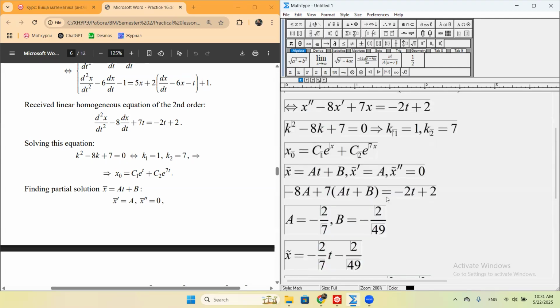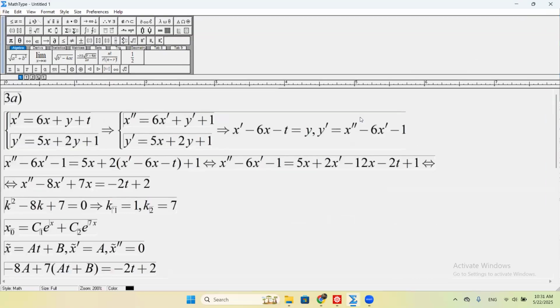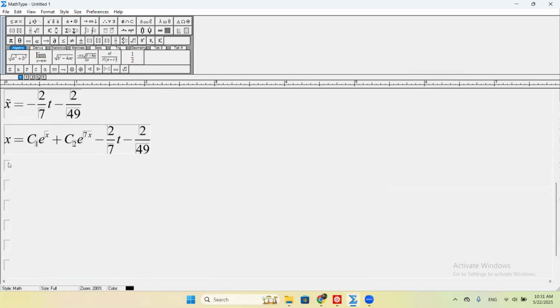Then how do we find y? We will find it from this expression. So let's differentiate x. Let me just write it like this. So C1 here will be 7C2, and here minus 2 over 7.